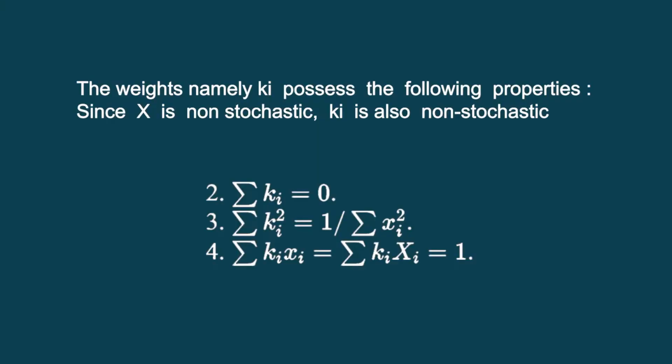So for any kind of weight, the sum of the weights over the sample must end up in 0, which also follows the zero mean assumption of the error term. Also, summation of ki square will be dependent upon the xi, which makes the weight valid. And finally, summation ki xi multiplied should be equal to 1, because that is how the sum of weights is equal to unity.